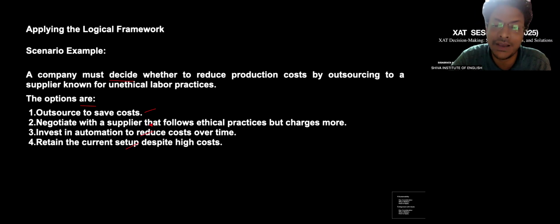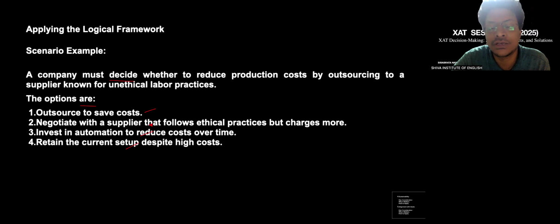The second is stakeholder impact. When you say negotiate with a supplier that follows ethical practices but charges more, you can say that it can be positive for all stakeholders. Then third, practicality, so it is possible.